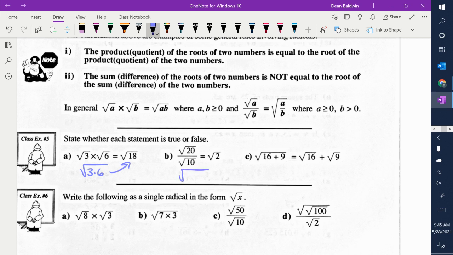Yes, because you can put the 20 and 10 under the same square root sign. 20 divided by 10 is 2, so it gives you that. All right? What about the next one? Root 16 plus 9, does that equal root 16 plus root 9? No, can't do it with addition.